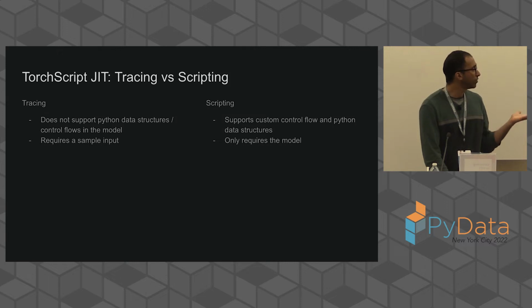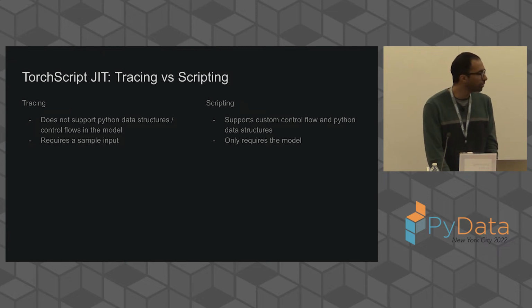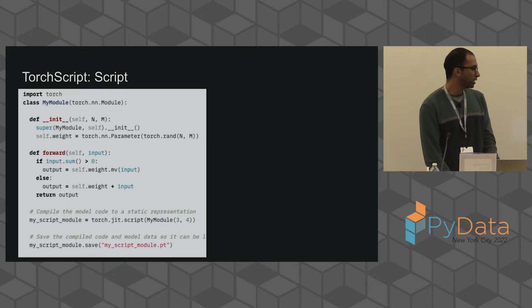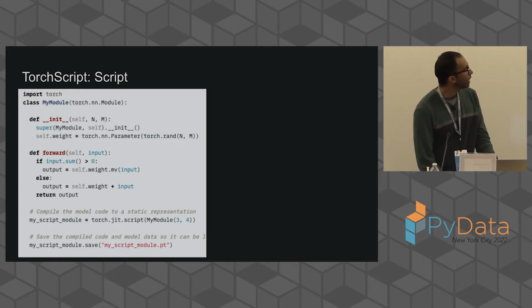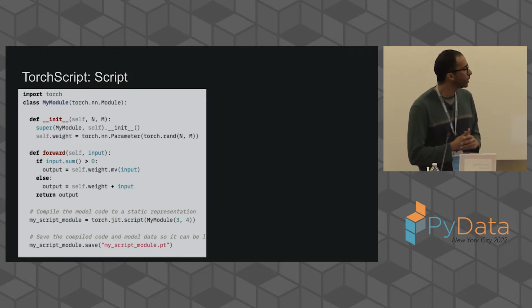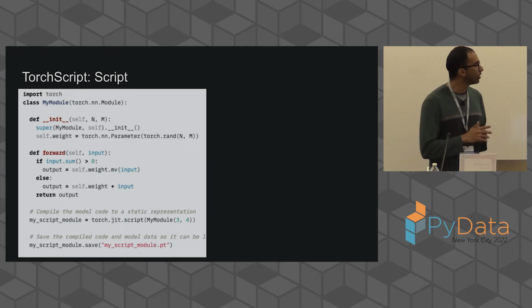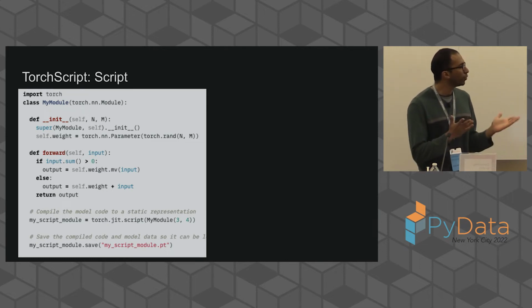One type, tracing, is more flexible, but scripting is maybe a little bit more performant, though there are some limitations. For example, if in your forward step you're doing if-else operations, like changing the weights based on the input, script mode might not be able to support that.